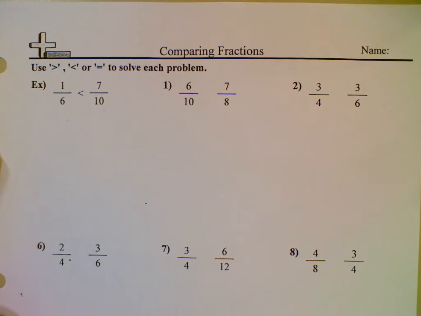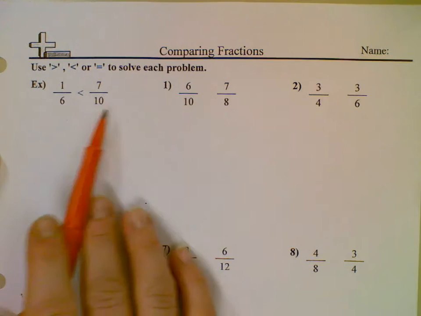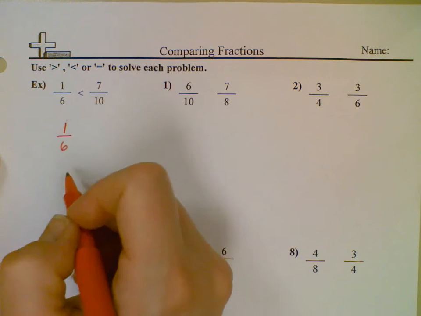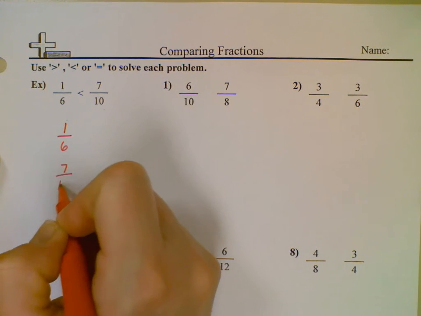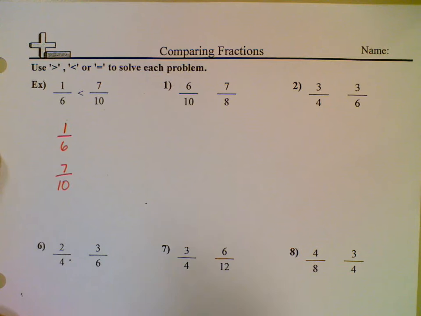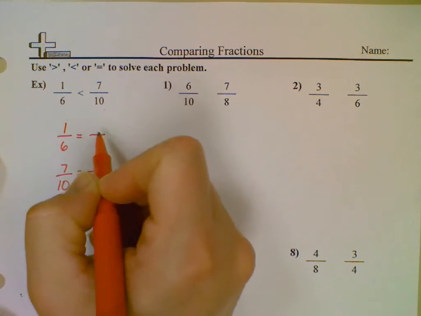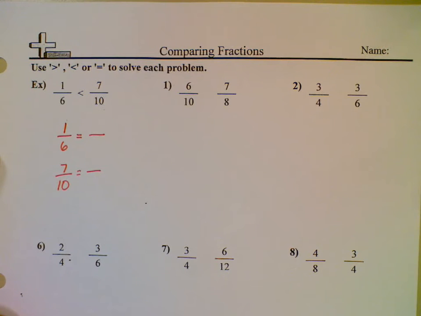So if you remember on our notes, when we had 2 fractions, we wrote them vertically. That means I put my 1/6 there and my 7/10 there. And that way it'll allow me to write an equivalent fraction beside each of my original fractions. As you look at those 2 denominators, we've got a 6 and we've got a 10.